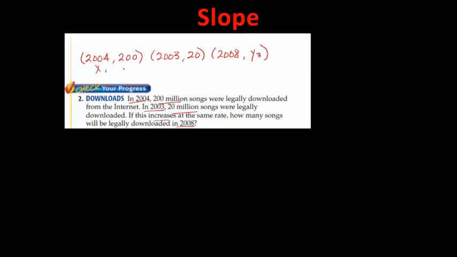So I've got X1, Y1, X2, Y2, and this I'm going to call X3, Y3. Okay, so remember, to calculate your slope, you've got Y2 minus Y1 over X2 minus X1.